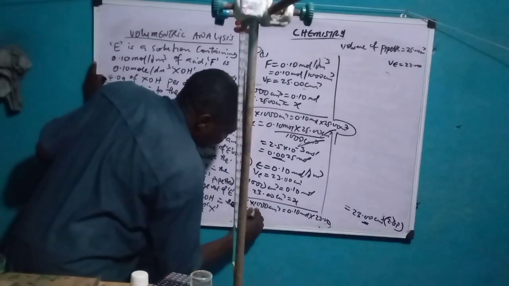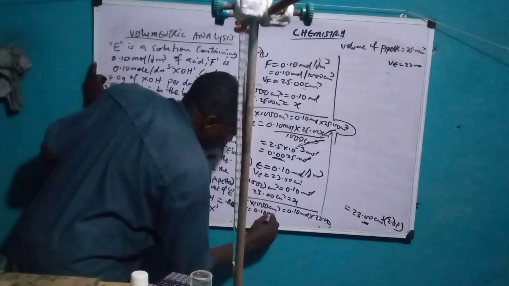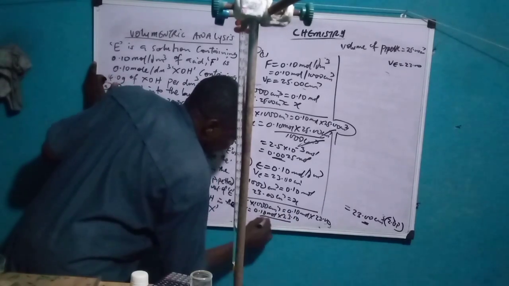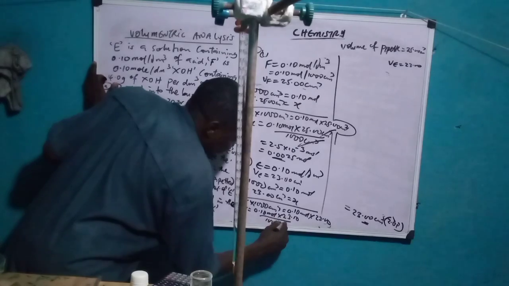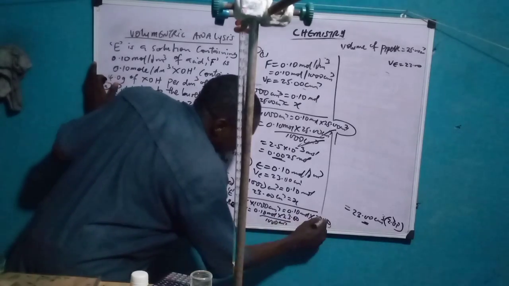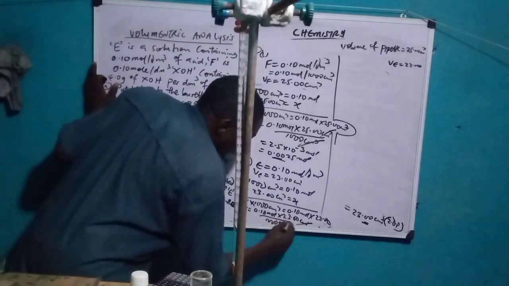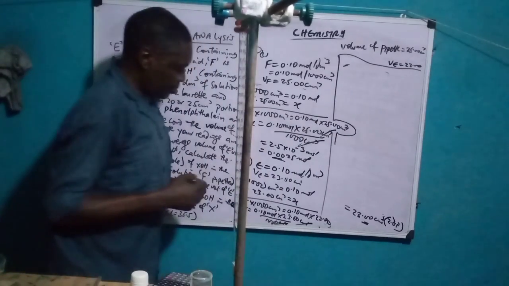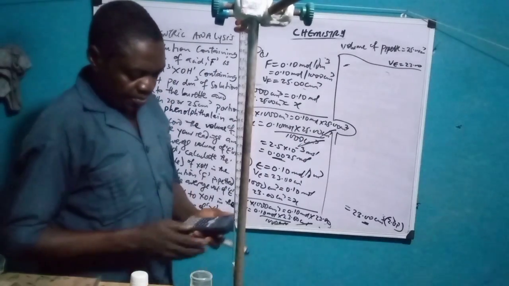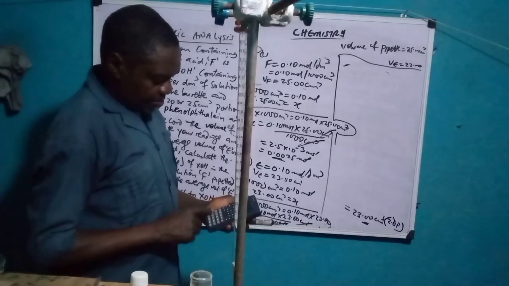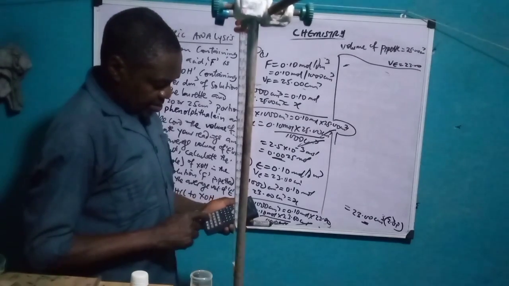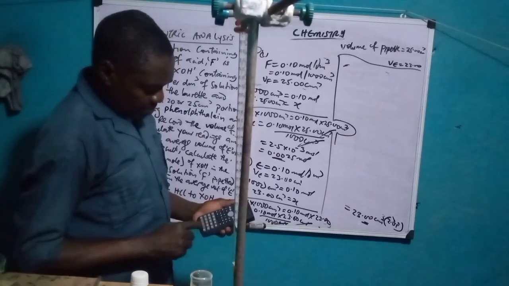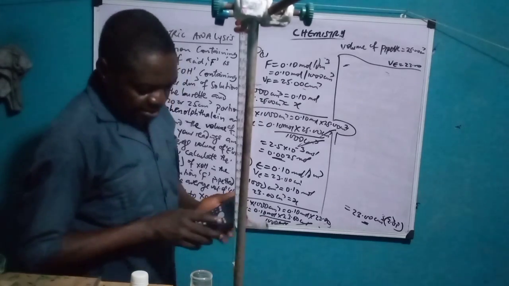X equals 0.10 mole times 23.00 all over 1000 cm3. Cm3 cancels cm3. So you have 0.10 times 23, divide by 1000, gives you 2.3.